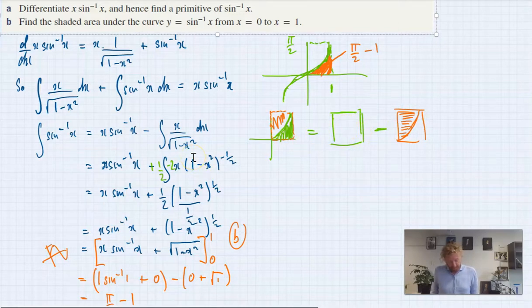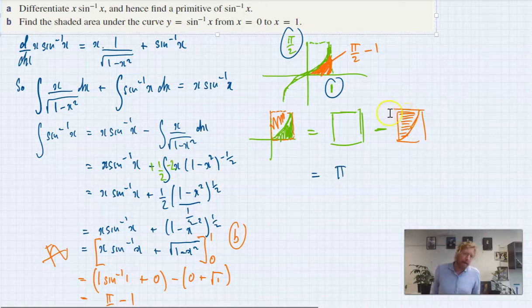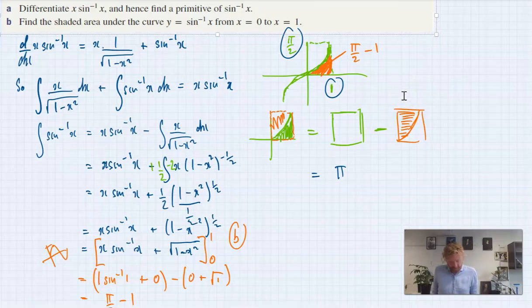Okay, this whole rectangle, what's that? Well, it's 1 by pi on 2. What is this area here, that shaded bit? Well, if I turn that on its side, that's just the same as sine inverse. So we're looking at this bit here.